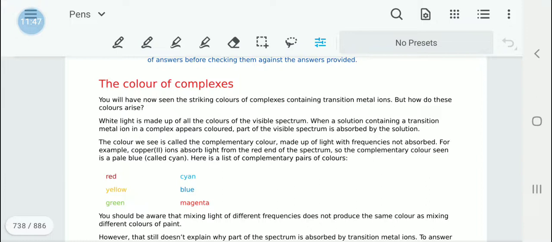We observe the complementary color made up of light with frequencies not absorbed by that solution. For example, copper 2+ ions absorb light from the red end of the spectrum. So the pale blue, cyan, is observed.